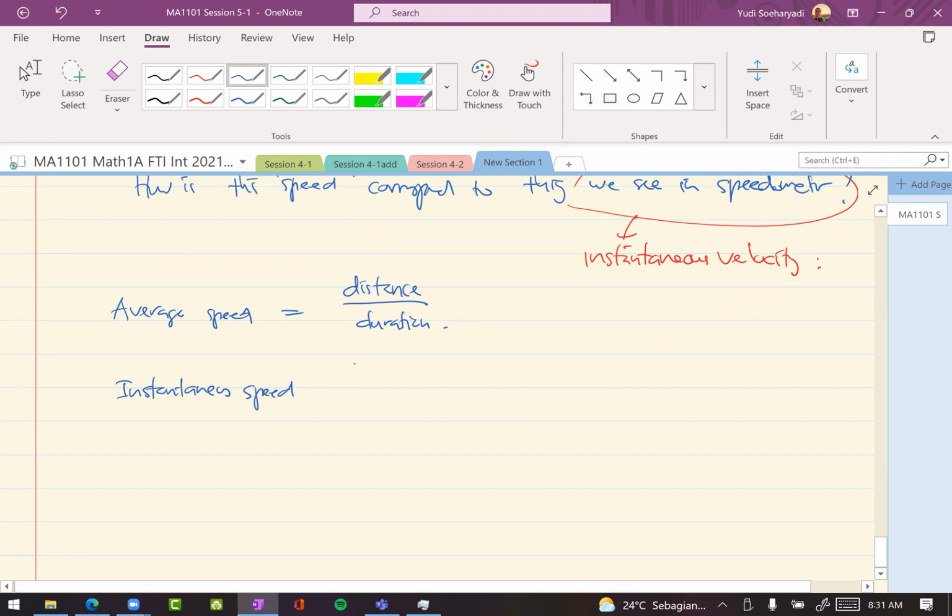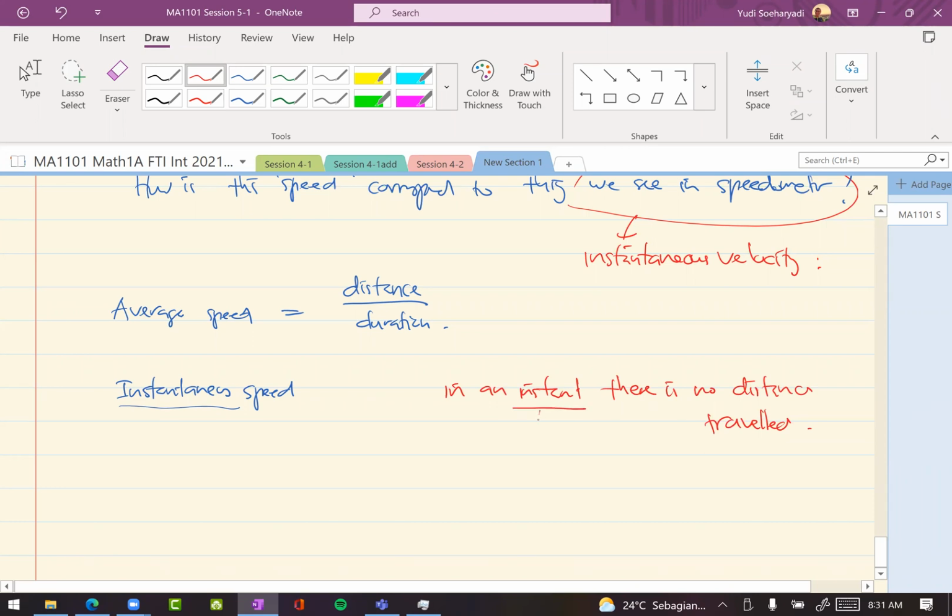With instantaneous, well, the thing with an instant is that if you're traveling, an instant means there is no difference in time. So in an instant, there is no distance traveled, right?